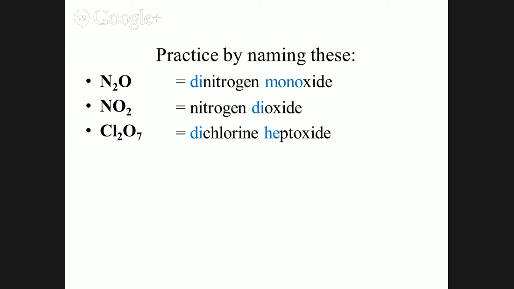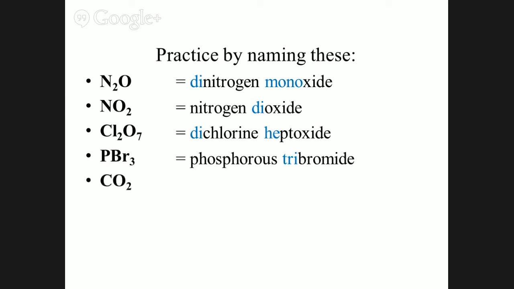Dichlorine heptoxide, though sometimes I have seen it as heptaoxide as well, without the contraction of the A and the O. PBr3, phosphorus tribromide. Tri for the fact we have 3 Brs. CO2, carbon dioxide.